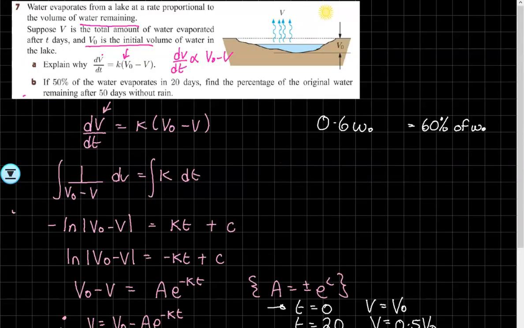So go back, because that didn't work, and then you reread the question. Suppose V is the total amount of water evaporated. And so from that, correct, we're saying at time equals 0, the amount of water evaporated is diddly squat.